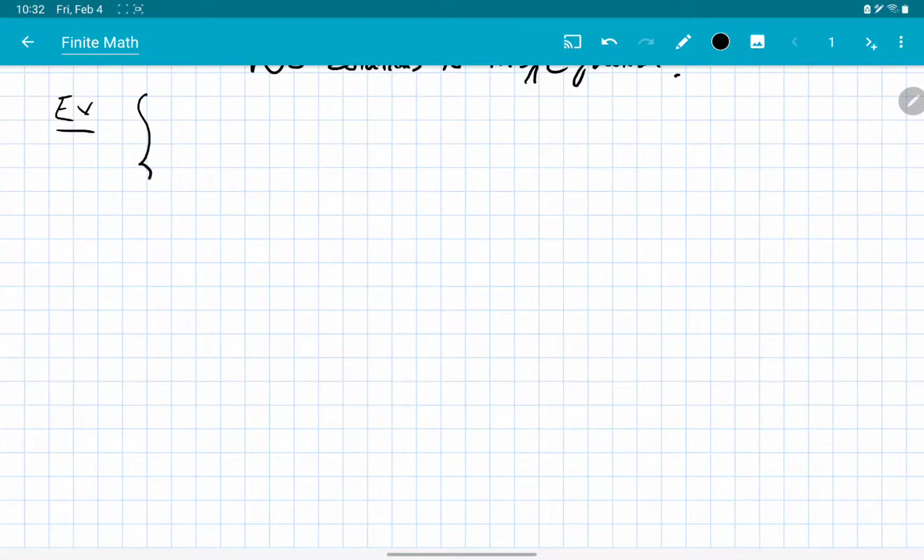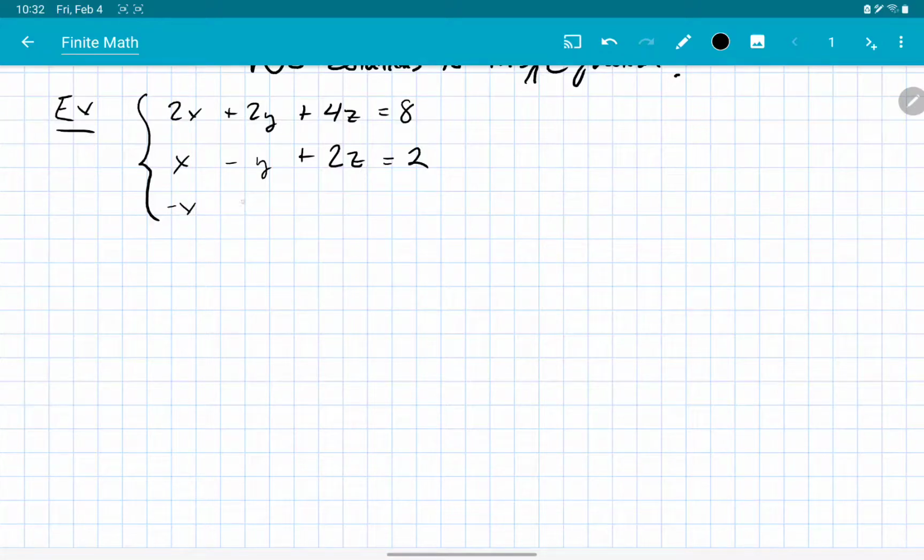Okay. 2x plus 2y plus 4z equals 8. x minus y plus 2z equals 2, and negative x plus 5y minus 2z equals 2. Okay, so this is again 3 unknowns, 3 equations.